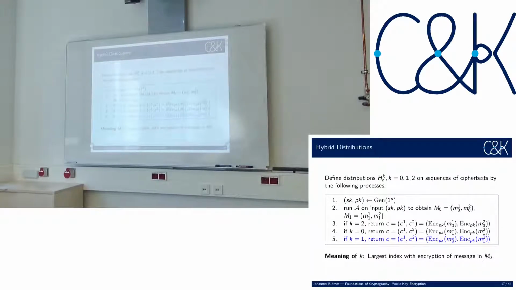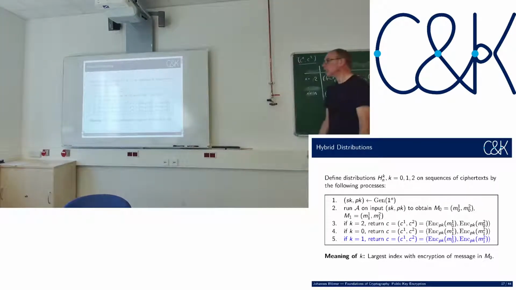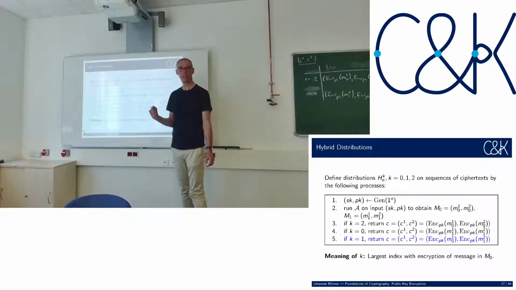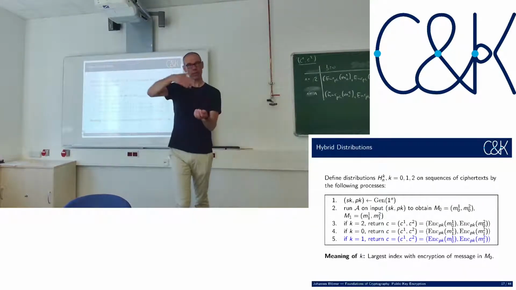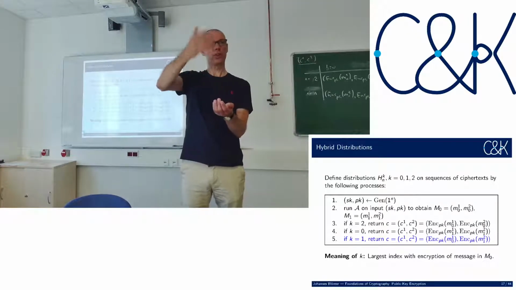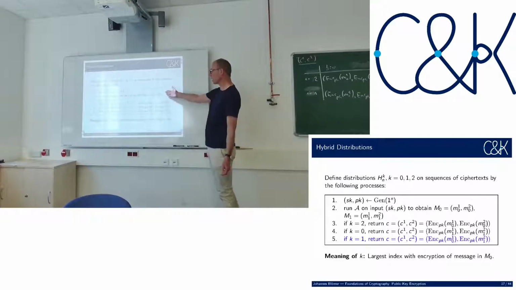So I have 3 different distributions on sequences of ciphertexts, defined by the following process. It's a random process that outputs things. In the first step, I generate the keys.